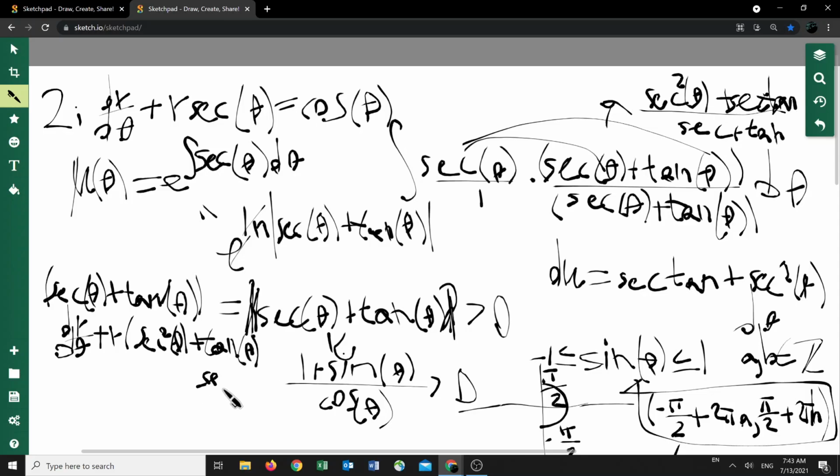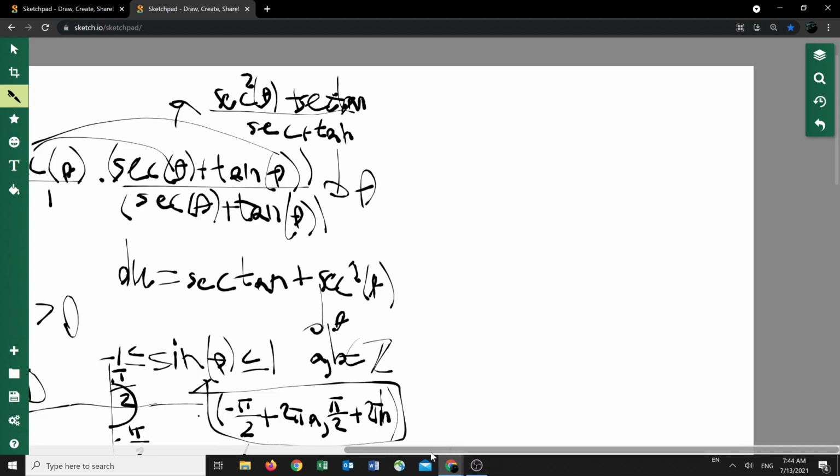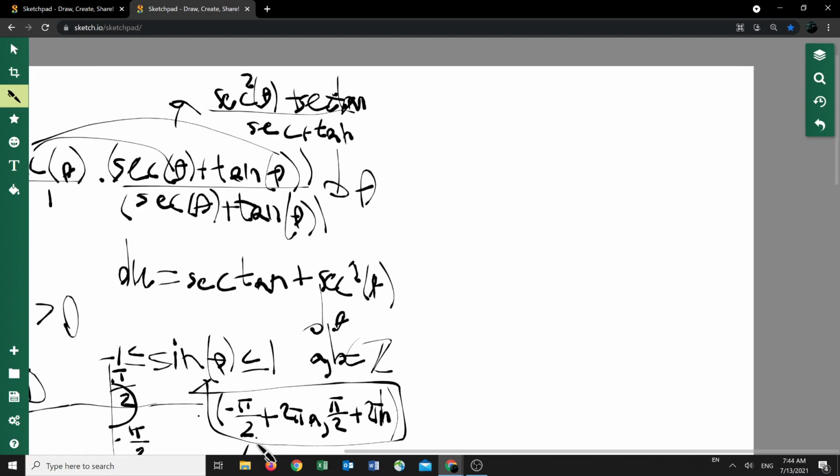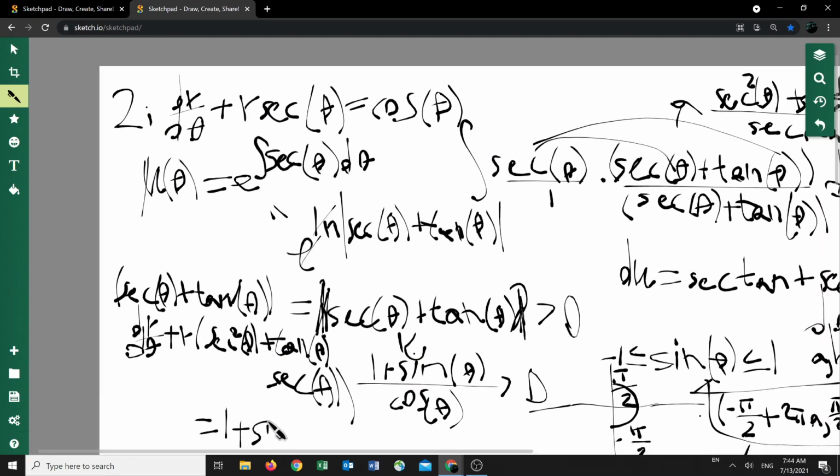We saw that if we multiply secant theta by secant plus tangent, we get exactly this term here. And multiplying the other side by secant theta, secant is 1 over cosine, so we're going to get 1 plus sine, because tangent theta times cosine is sine, so the cosines cancel, and we're just left with sine.